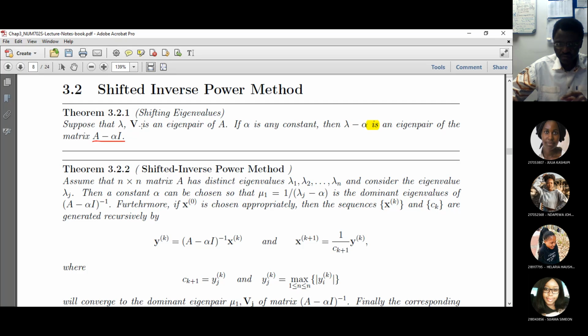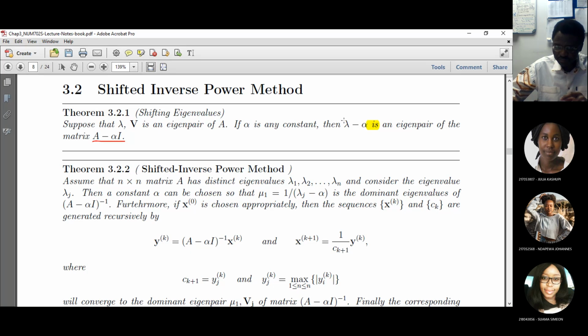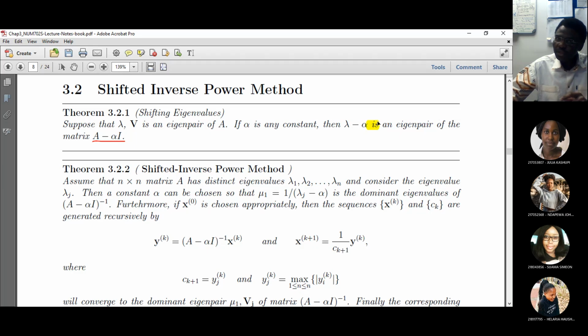So the motivation comes from this fact. If I can shift an eigenvalue, the new shifted value that we obtain is an eigenvalue not of the original matrix A, but of the shifted matrix A minus alpha identity.